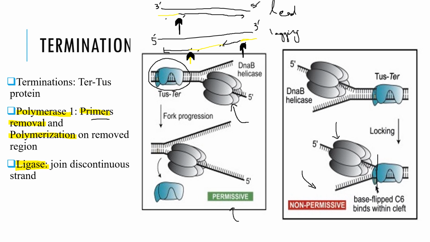Firstly, the initiator protein is required. The initiator protein is DnaA in case of prokaryotes. Then after that a helicase loader is required, which is DnaC, and then DnaB is loaded on the DNA strand with the help of DnaC.